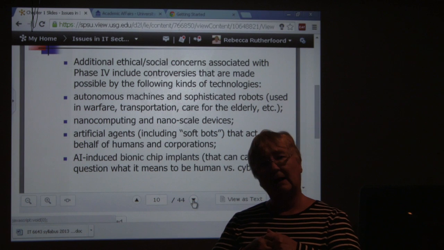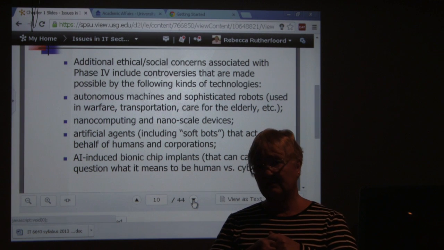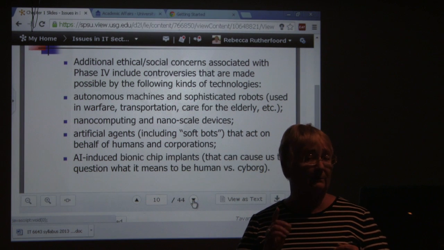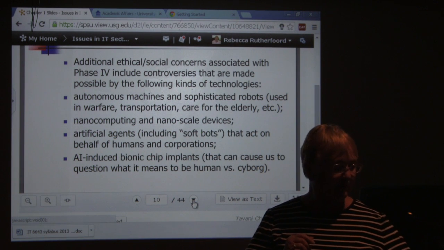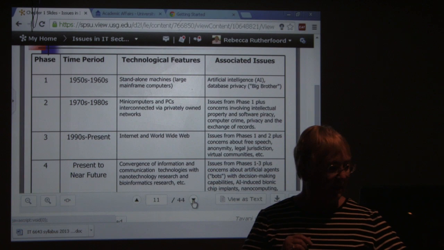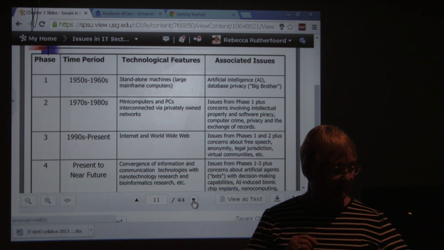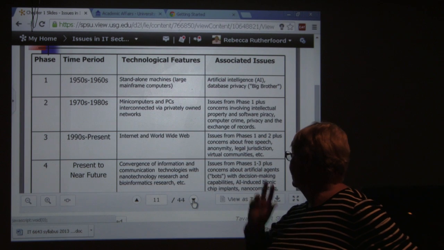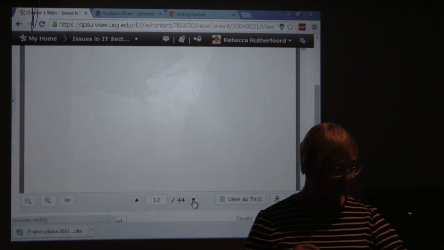With some AI things, notice they talk about bionic chips being implanted. In fact, there's a lot going on research-wise in this area. So this is a nice little matrix which shows the time period and the kinds of things that we have.